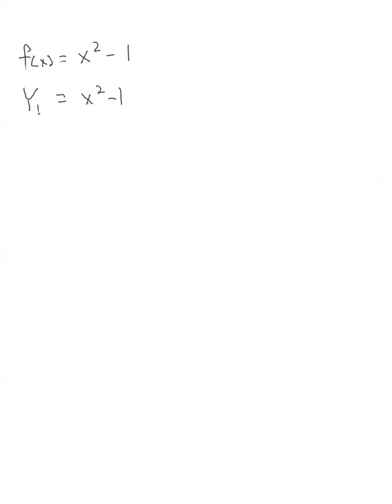Let's type that into our calculator. Then we can graph it, and we adjust our window a little bit to make sure it's a good picture of the graph. It turns out that the graph of our function looks essentially like this.